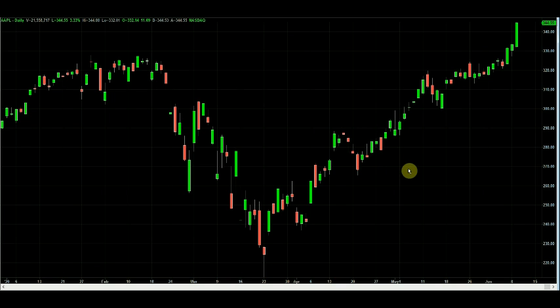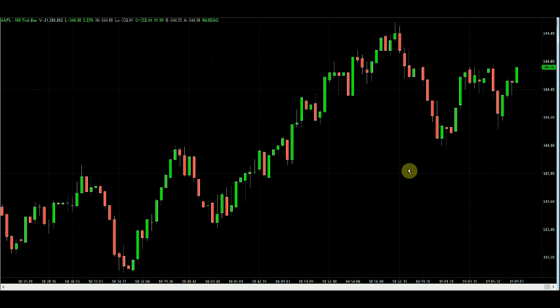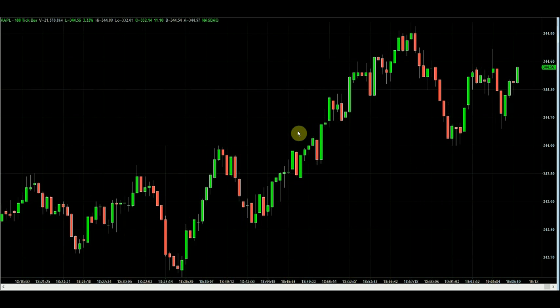One of the interesting things with charts in general, and I use tick charts, not time charts, is that all charts look the same. So this is a 100 tick chart, which happens to be live, of Apple, and you can see it's essentially the same pattern.